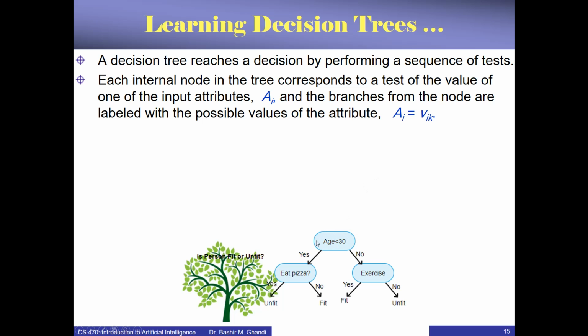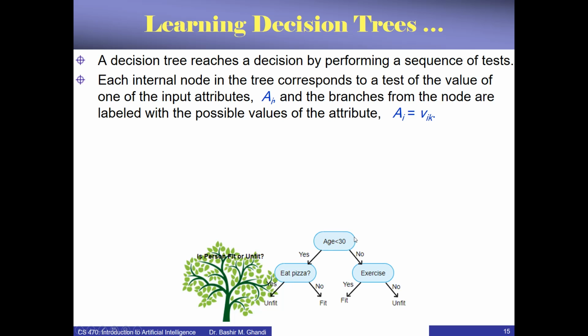So for example here, we are first checking. The idea of this small example is to check whether a person is fit or is unfit. Okay, and the attributes being considered are his age, whether he does exercises or not, and whether he eats pizza or not.